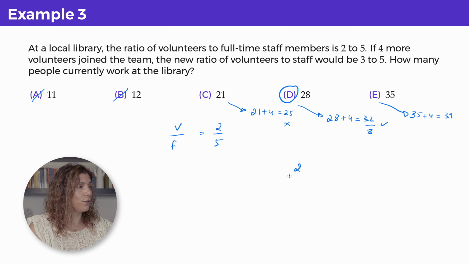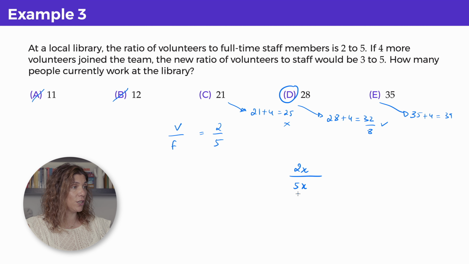Let's do the algebra. When you have a ratio of 2:5 and you want to add or subtract individuals to this ratio, you need to use a multiplier. So let's call it x. The multiplier here would be an integer that, multiplied by both the parts or the whole, is going to give you the real number. So now you add 4 volunteers. So here plus 4, and the new ratio is going to be 3:5.